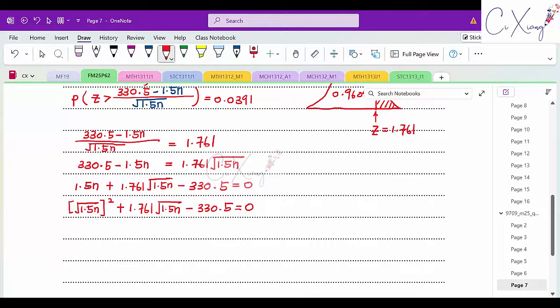It is actually a quadratic form equation: something squared plus 1.761 something, then minus 330.5.